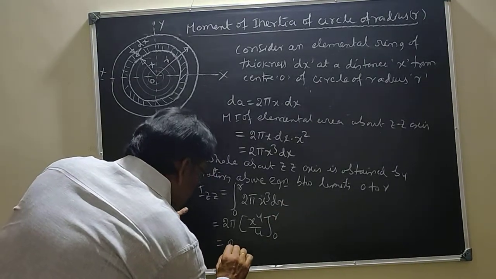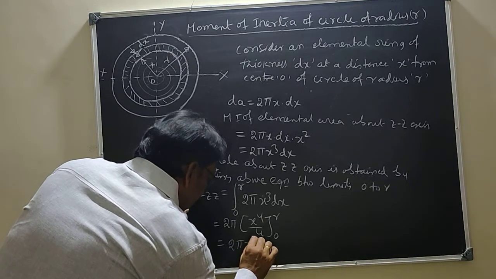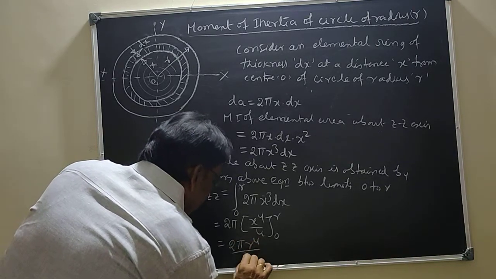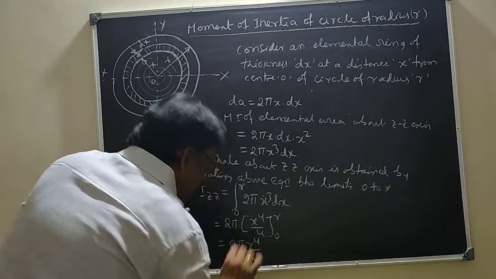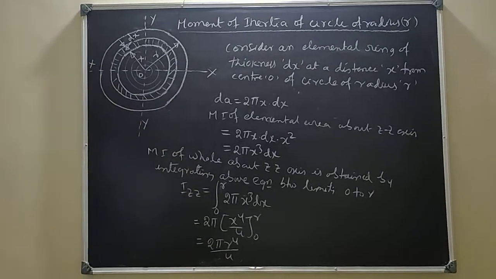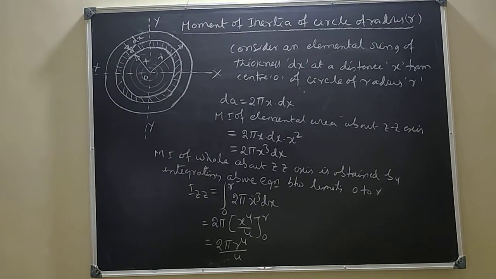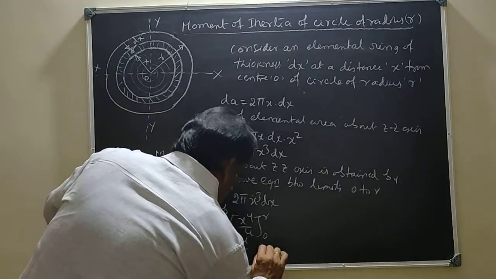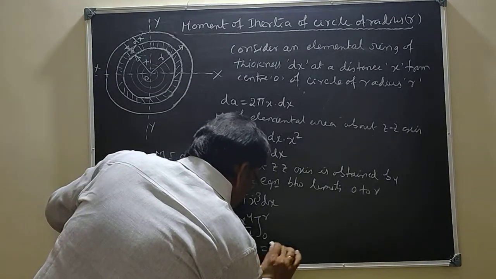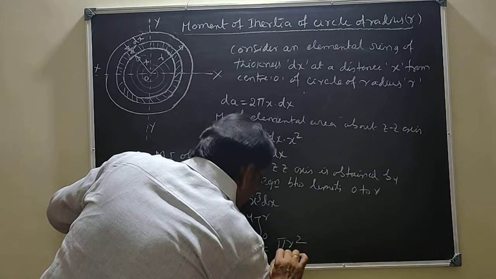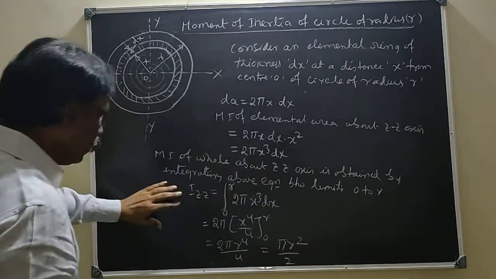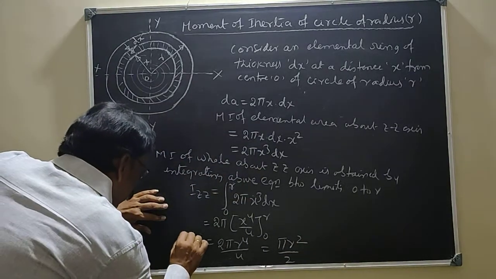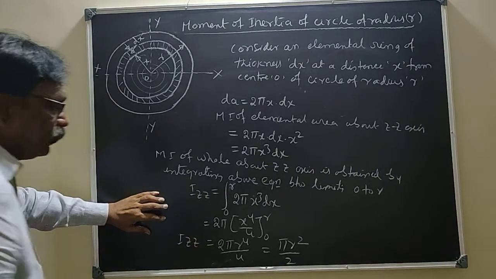So that is equal to 2 pi r to the power of 4 divided by 4, or this is also equal to pi r to the power of 4 by 2. That is Izz.